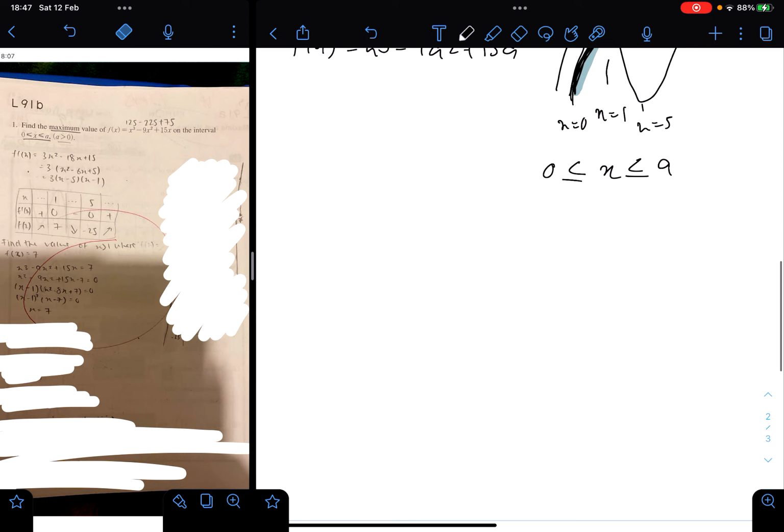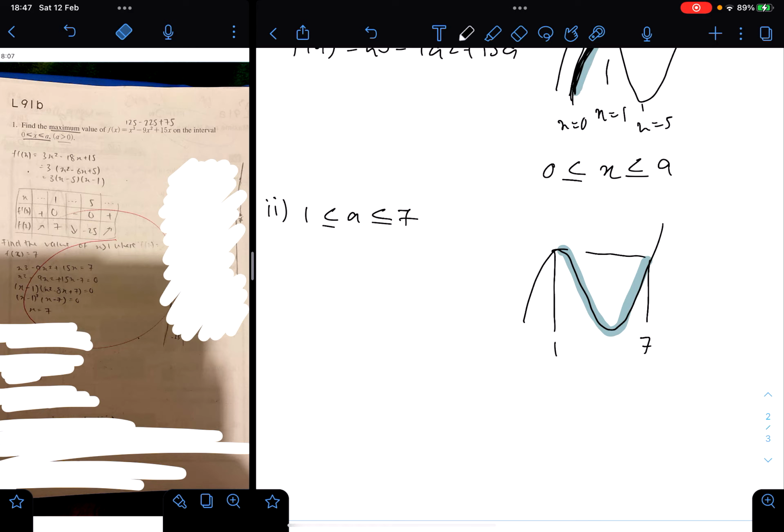Now, the second case that you can get is, if I sketch the graph again, if we have a in between the interval and including 1 and 7. So 1 and 7, f of x equals 7.